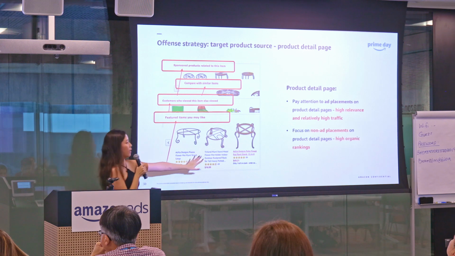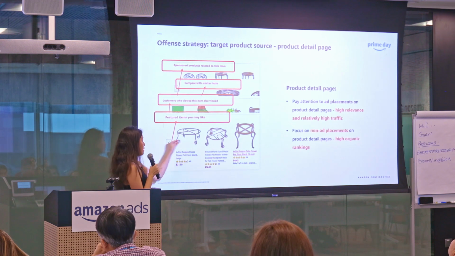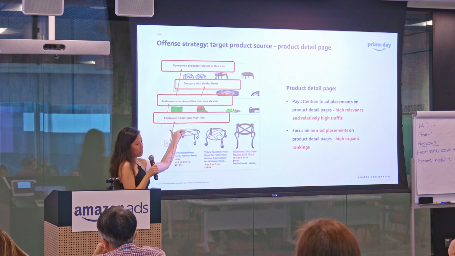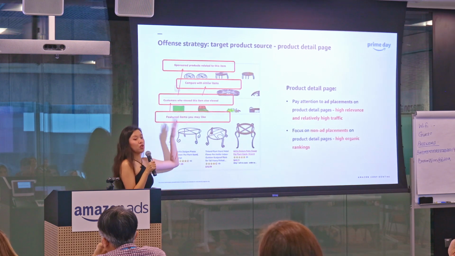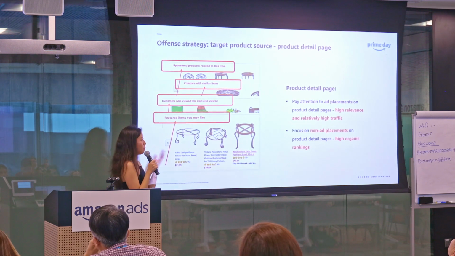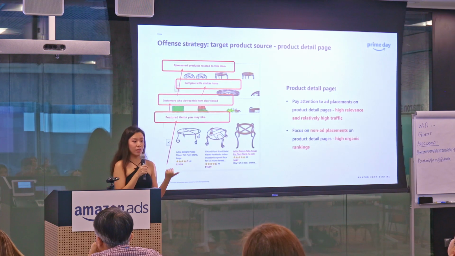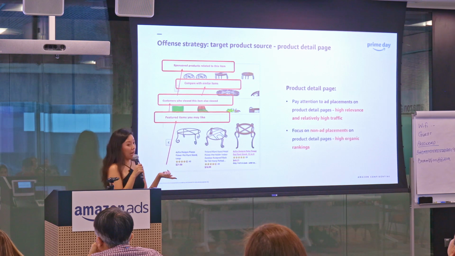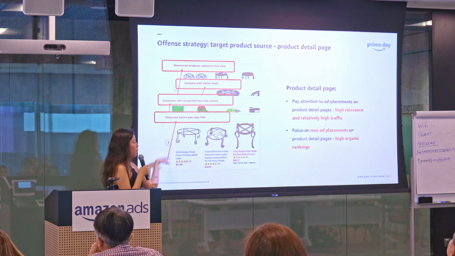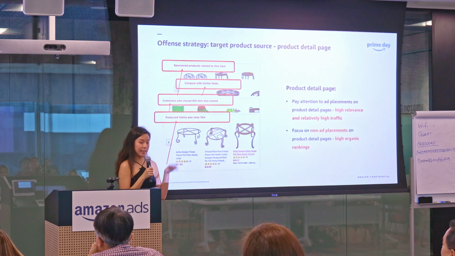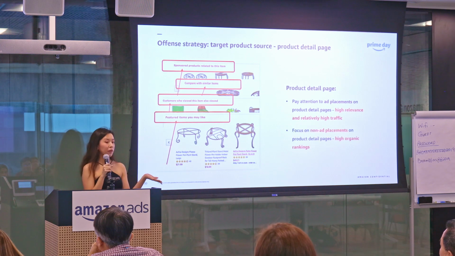This means that for any non-ad placement, every time there's an ad, there's always the word sponsored there. If there's no sponsored word there, it means that those products are actually ranking high in terms of organic ranking. That means they have good sales, they probably have a lot of reviews. So you want to pay attention to those listings as well for multiple different reasons, right?